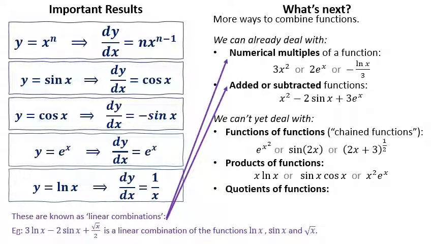But there will be a way to deal with products of functions. It's not hugely complicated, but there is a subtlety to it that you need to be aware of. And in a similar vein, quotients of functions. This one is in some sense just a combination of the previous two, because you can think of sin x over x as being the same as sin x multiplied by 1 over x. And of course, e to the x over 2x add 1 could be thought of as e to the x multiplied by 1 over 2x add 1.